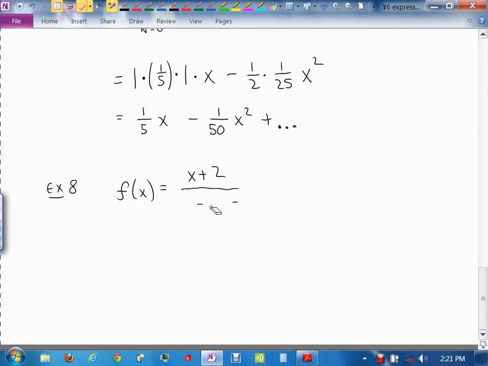I'm sorry. This is the way the problem was supposed to be given. My apologies. So the first thing you have to do after this step, since you want this as a power series, is factor this out.